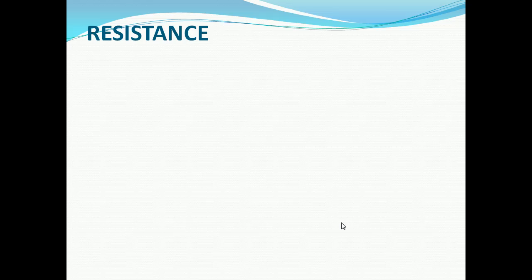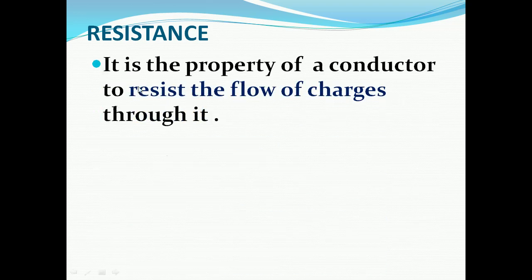So now we are going to see what is meant by resistance. Resistance is the property of a conductor to resist the flow of charges through it. We know that in a conductor there is a flow of charges which causes electric current. Yes? So resistance means it is the property of a conductor to resist or to prevent the flow of charges through it.